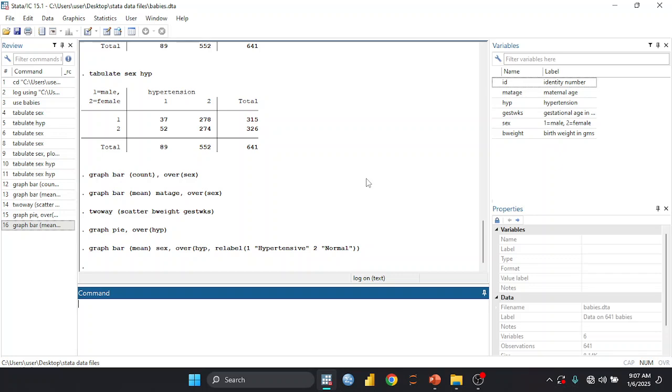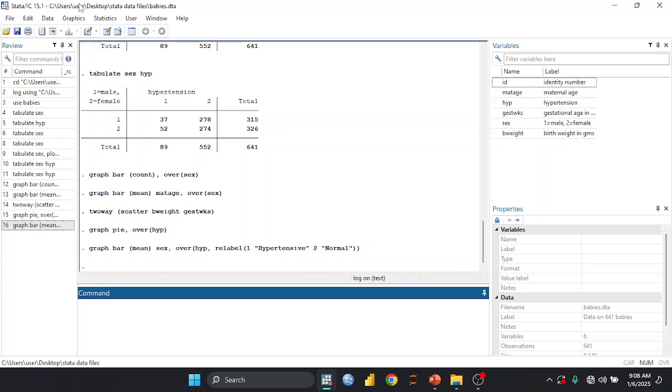For example, we want to test if the birth weights of male and female children are the same, the mean birth weights rather. So a t-test is a test of mean differences. Is there a difference between the means of the groups? All right, so let's go into it now.